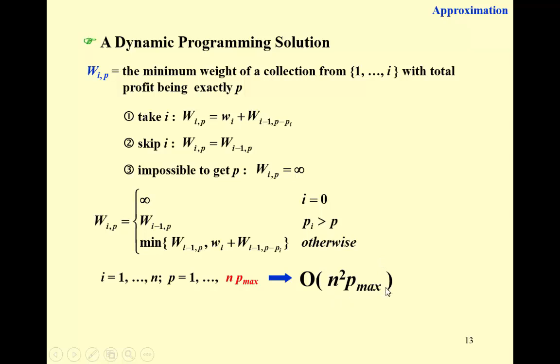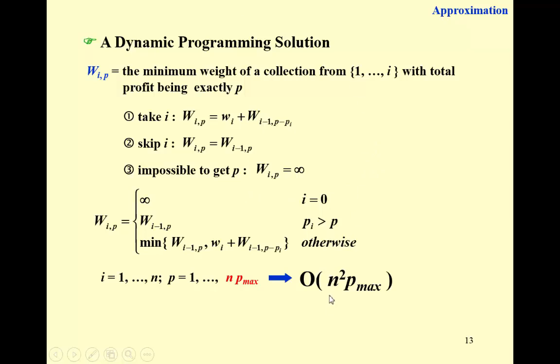So the complexity is not polynomial, it's exponential. You may compare this method with the one that takes the profit as the optimization function, and that complexity relates to the capacity m, right, which is again exponential, not polynomial.